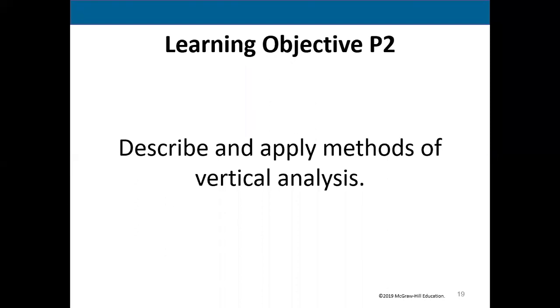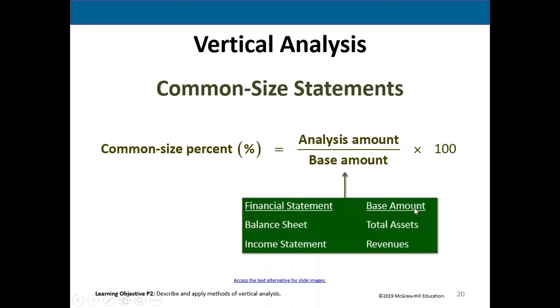Now, the next type of analysis is vertical analysis. In vertical analysis, we determine a base amount that will always be our denominator in our fraction. On the financial statements, if you are completing vertical analysis on the balance sheet, total assets is your base amount.